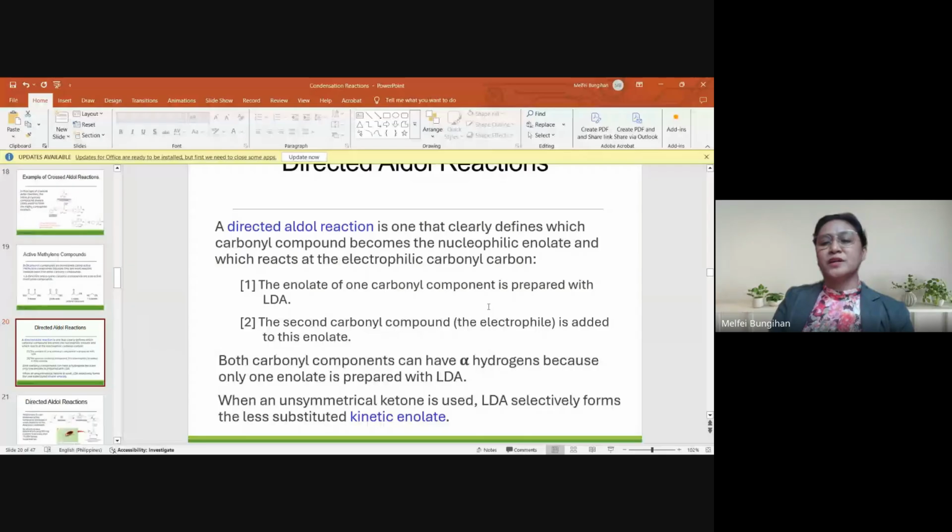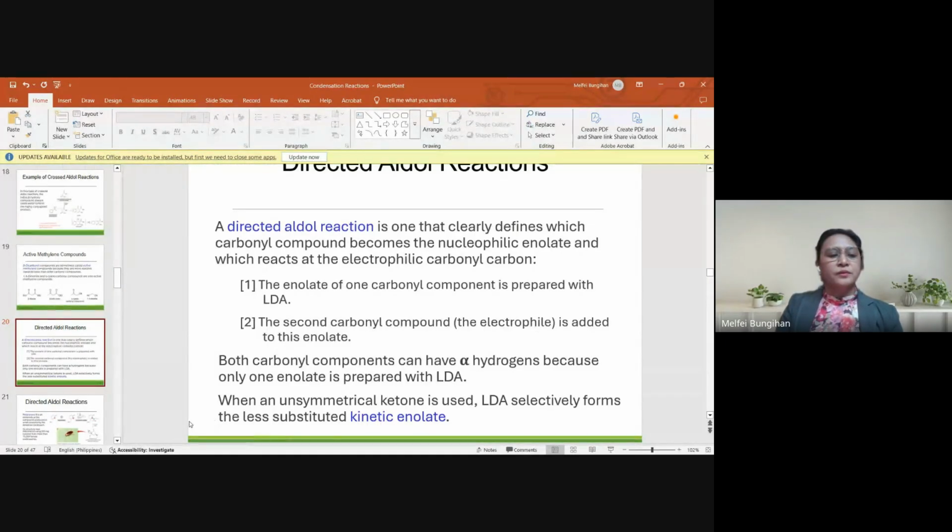The enolate of one carbonyl component is prepared with LDA, lithium diisopropylamide. Then the second carbonyl compound is added to this enolate. Both carbonyl components have alpha hydrogens, but only one enolate is prepared with LDA.